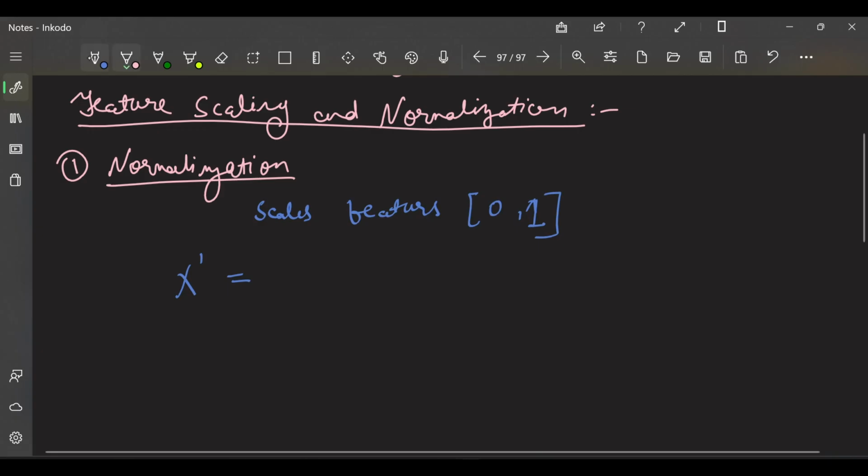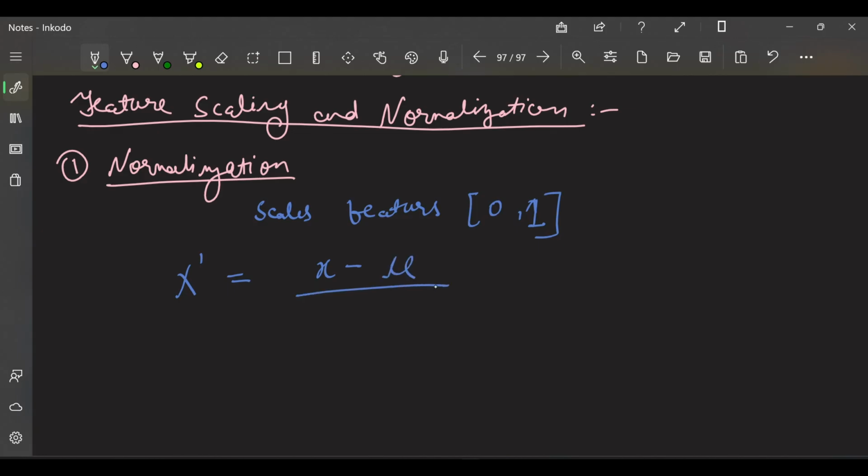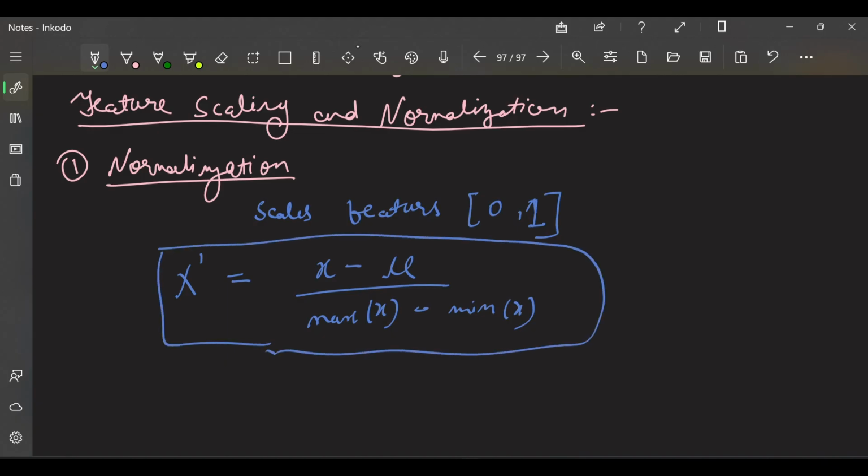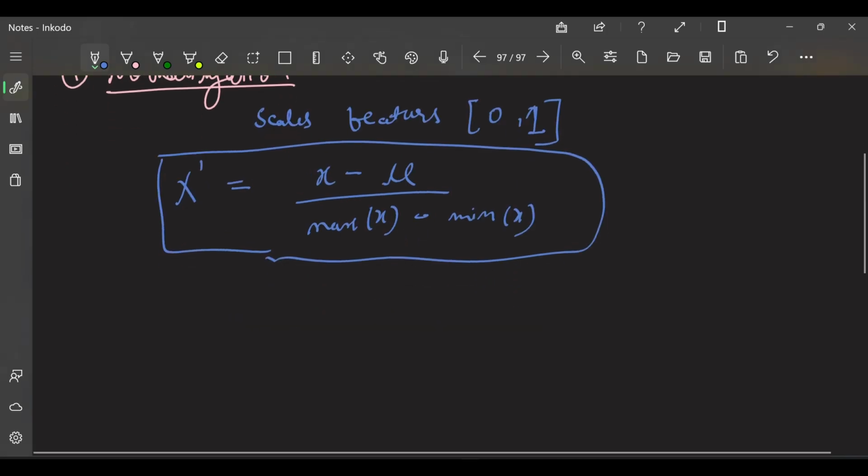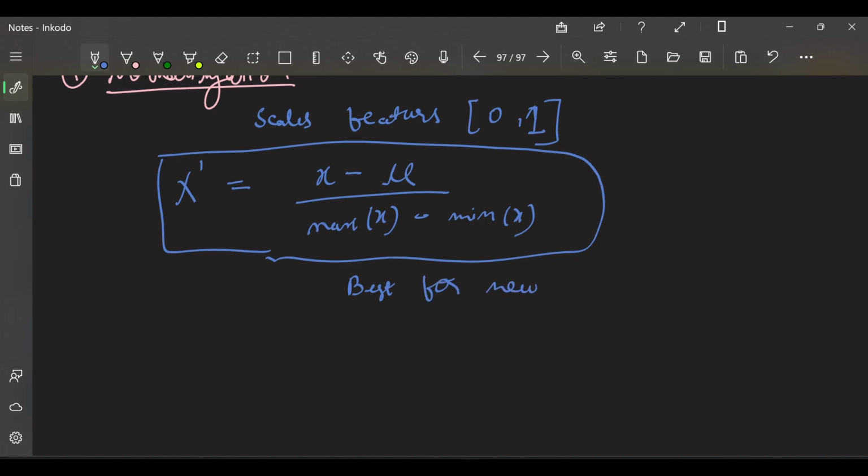Let me correct it. The formula is x minus minimum of x divided by maximum of x minus minimum of x. This is the simple representation. It is used for neural networks.